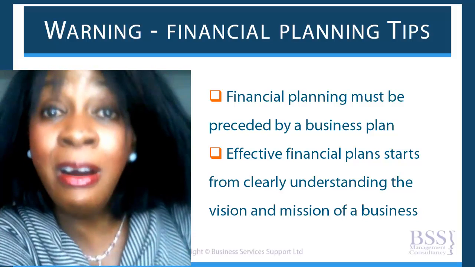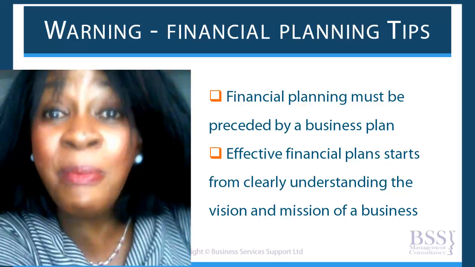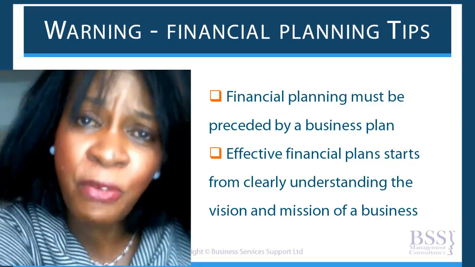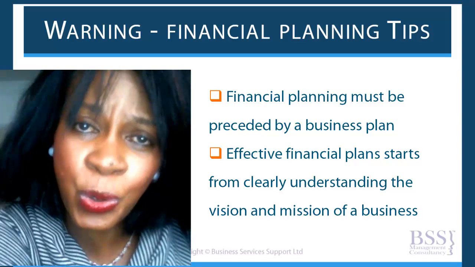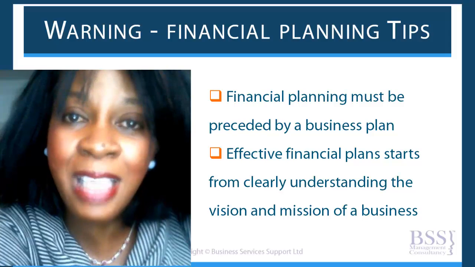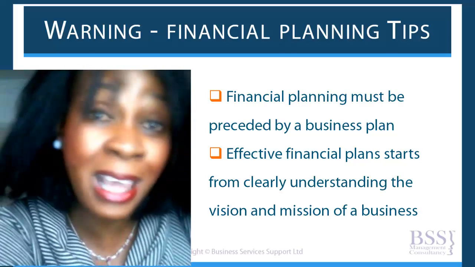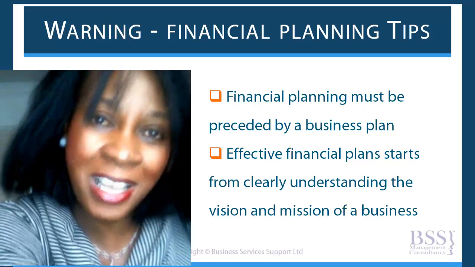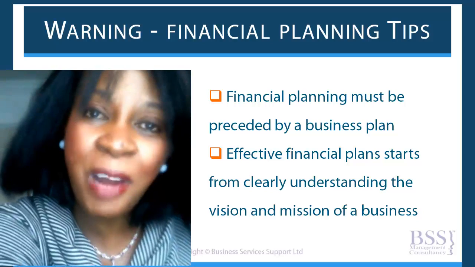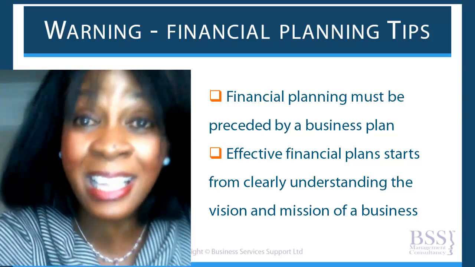Why? Because the financial plan must always be preceded by a business plan. You see, the financial figures are a picture of what the business plan states. So you cannot take a financial plan document to a lender without the literature, as I like to say, behind it. The financial plan is just like the forward face of the organization.